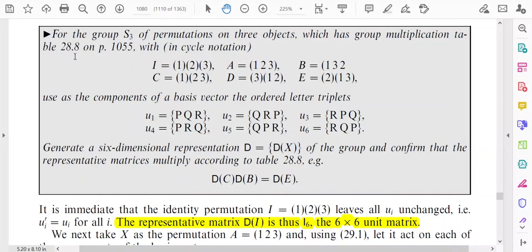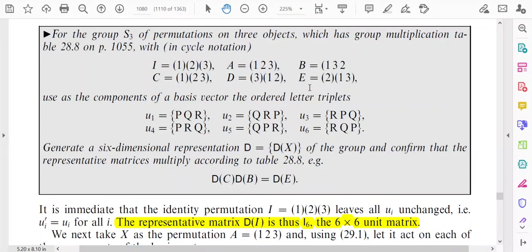This multiplication table was isomorphic to the group of symmetry operations on an equilateral triangle and some special kind of matrices, etc. Whatever it is, the group elements for this permutation group are as follows. There are a total of 6 elements. For example, I, that is the identity element, we write in this way, 1 2 3, then A is this one, B is this one, C, D and E.